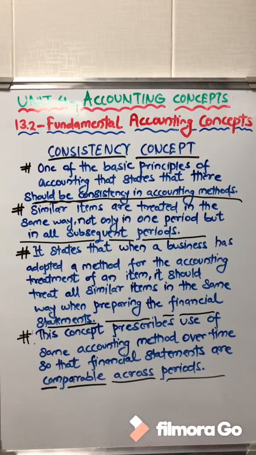Before I tell you the definition, I'm telling you in advance what this concept is saying: that it has to be uniform everywhere, the same everywhere, persistent everywhere. So consistent, it has to be consistent.